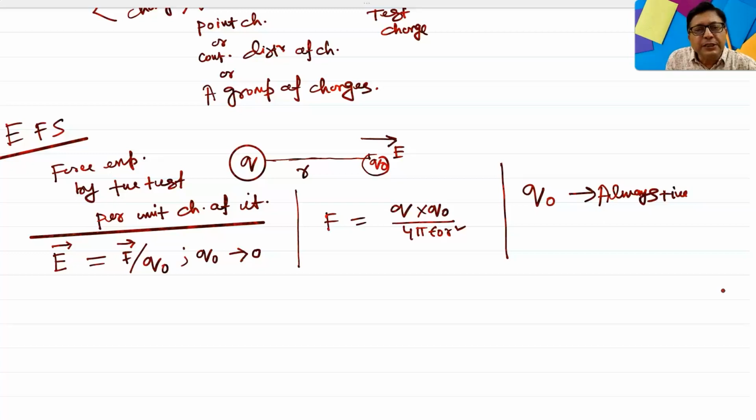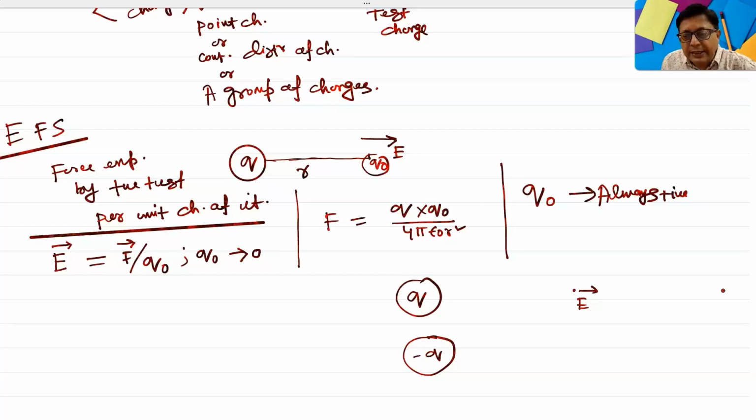If Q is positive, then this test charge will experience force away from Q. So for Q positive, the field at a point E is directed radially outward. If minus Q is there, electric field at a point will be directed inward. E will be directed inward due to minus Q charge.